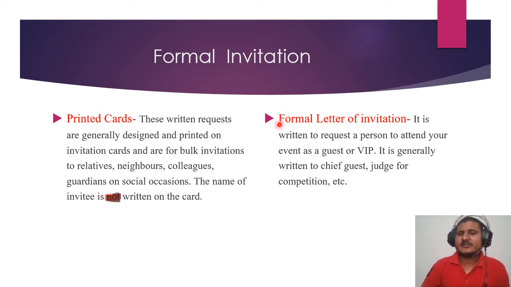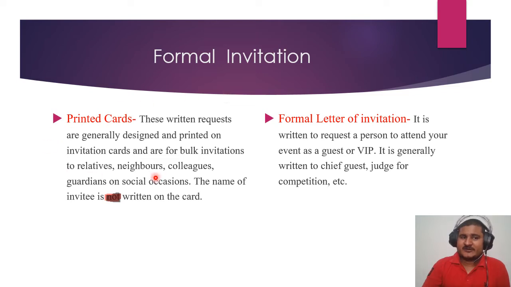Now the second one is the formal letter of invitation. See, it is written to request a person to attend your event as a guest or a VIP. Suppose you are celebrating annual function day in your school and you have to invite a chief guest. So you will use this type of invitation, the formal letter of invitation, to invite anyone as a chief guest or as a judge for a competition. Okay, I hope you got that.